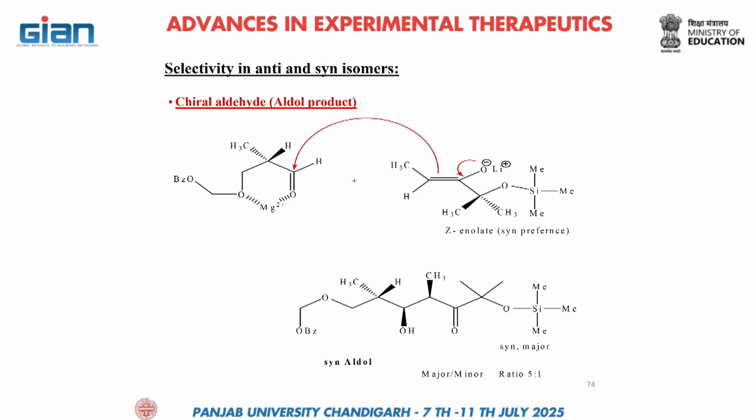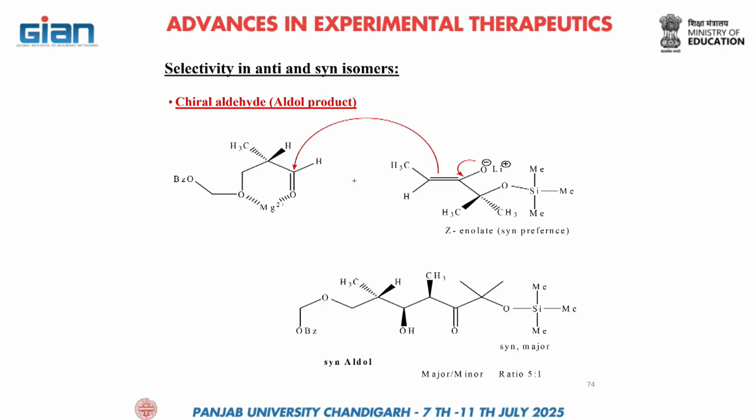Now your enolate is coming. अब बताओ आपने इनोलेट को कौन सी प्रेफरेंस साइड दी है? The carbon negative should come to the carbonyl carbon from the side of hydrogen or from the side of methyl? From the side of hydrogen, that it is coming from the upper face.